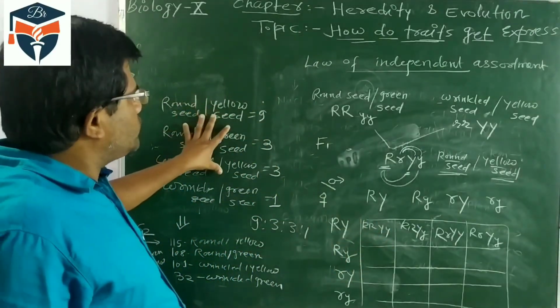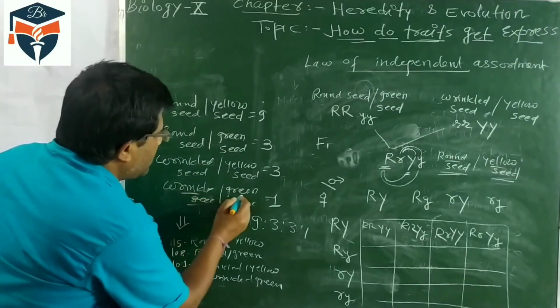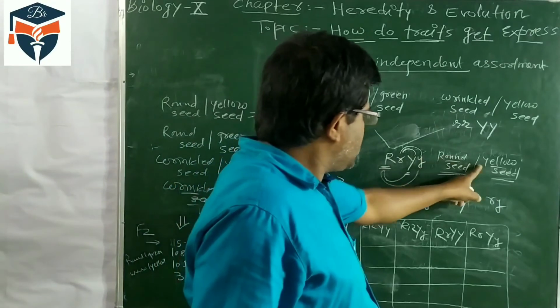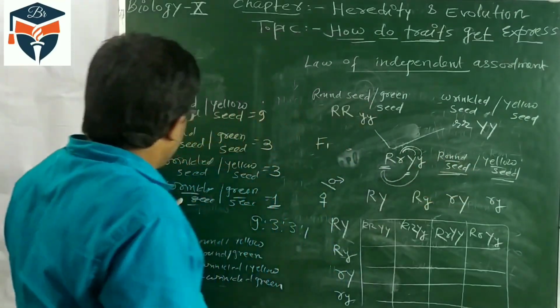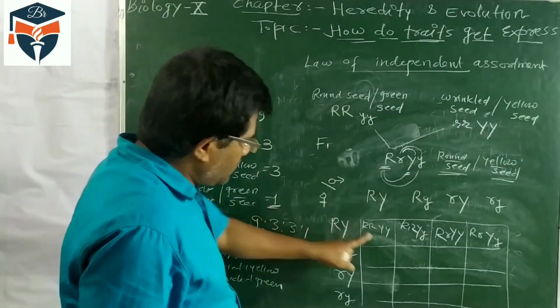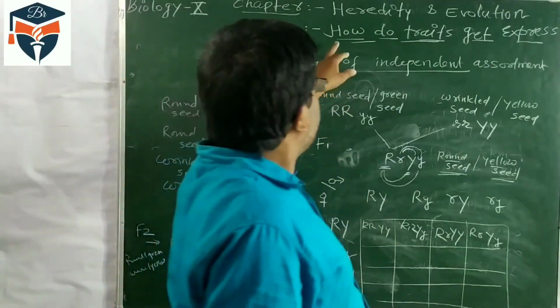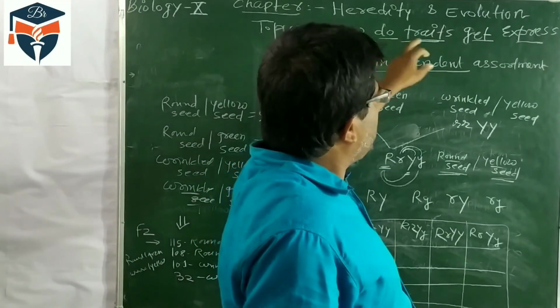And it shows that wrinkled and green both express. Here there was no expression of this, but here wrinkled and green seed is also expressed. So each allele expresses its character, and that is called how a trait gets expressed.